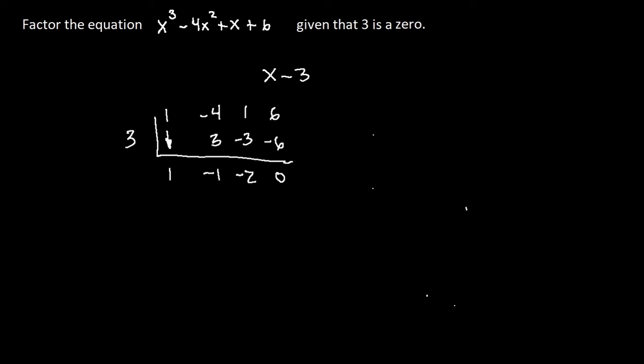So from here, you take the highest exponent from your function and subtract 1 from it. So in this case, x cubed is our highest exponent, and we subtract 1, and 3 minus 1 is 2. We copy negative 1, and the next exponent should be x raised to 1, or simply x, negative 2, and then x raised to 0, or just 1, and then your remainder is 0.